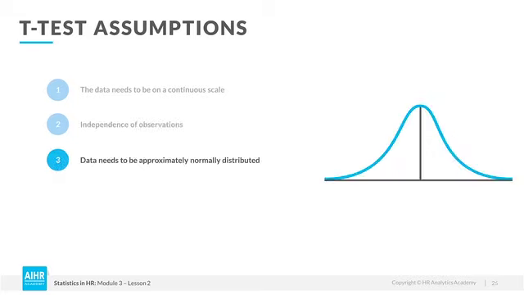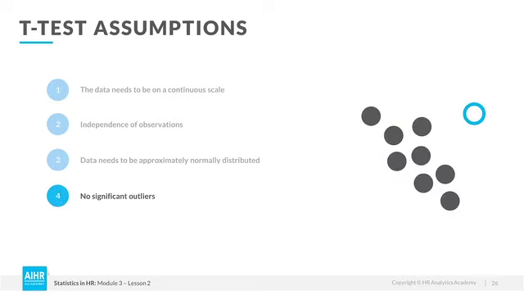Third, your data needs to be approximately normally distributed. This is not a hard assumption, as your data can deviate somewhat from normality, but the more skewed it is, the more you have to take the results with a grain of salt. Fourth, there are no outliers in your data. If your data adheres to these assumptions, you can perform your t-test.